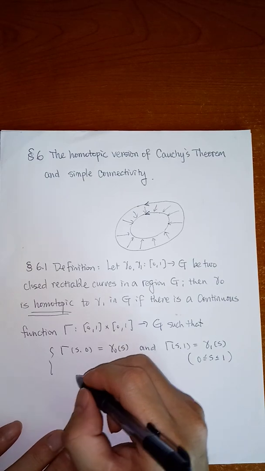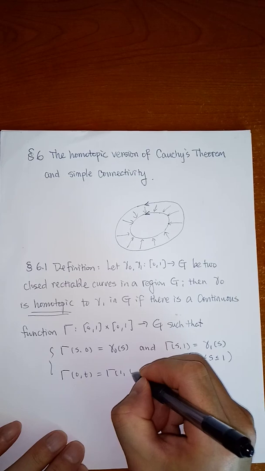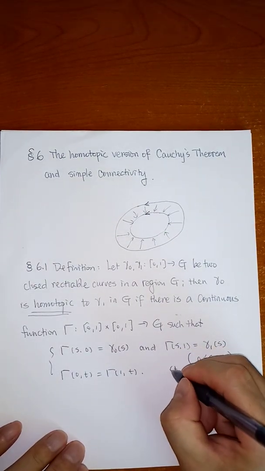And the second condition: capital Gamma(0, T) is equal to capital Gamma(1, T) for T between 0 and 1.